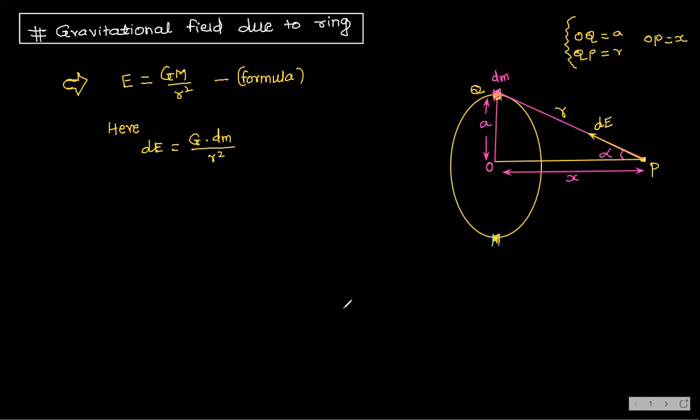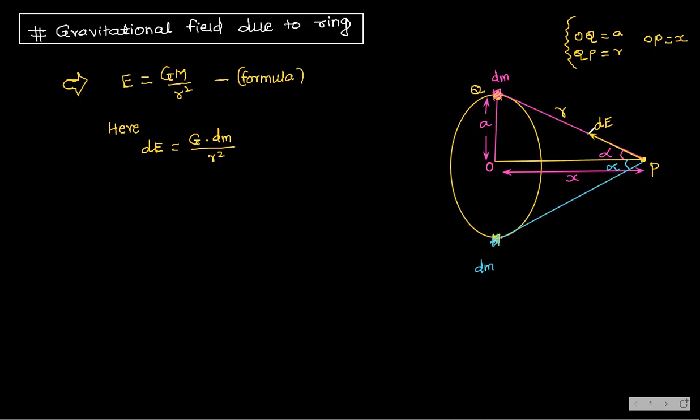So here also I can take on this ring a length element dm, and I can join these two points also. And this angle is also alpha.